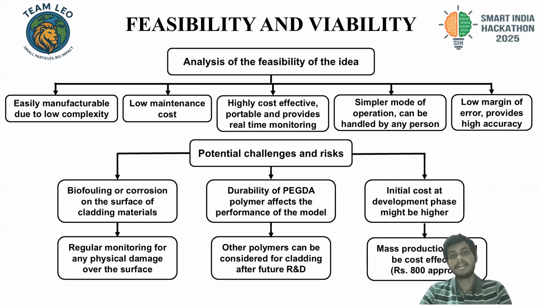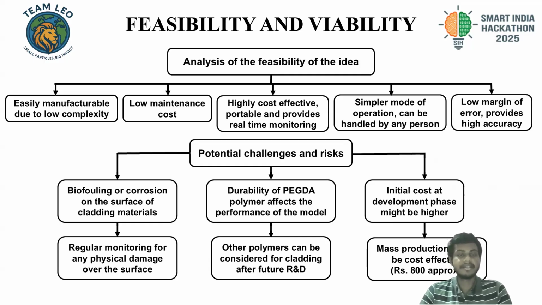They are lab-oriented, take a lot of time, and are not cost effective, but this optical fiber cable has a low maintenance cost, and it is highly cost effective and portable. The previous methods are lab based, but these sensors which use optical fiber cable are really portable and can be carried anywhere for operation. It has a simpler mode of operation, so it can be handled by any person. It has a lower margin of error.